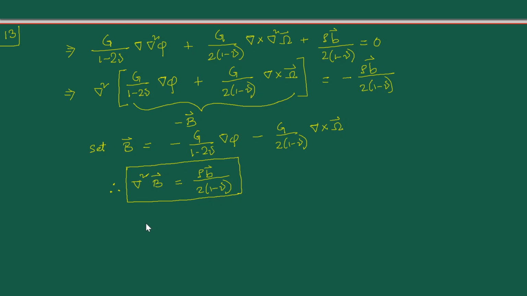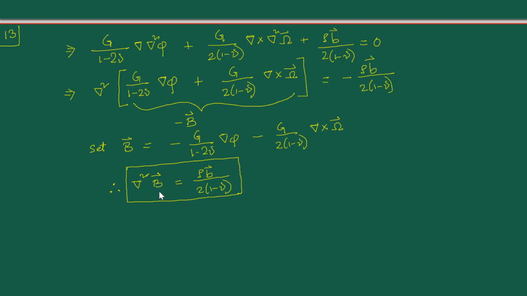If you just look at our initial motivation, which was to arrive at a framework which would involve the force vector, which is the rho b here on the right hand side, and we also want to arrive at a framework which is like a Poisson equation. So this is definitely like that. It's a Poisson equation. Of course, it's a Poisson equation over a vector variable. So it seems our job is kind of done.